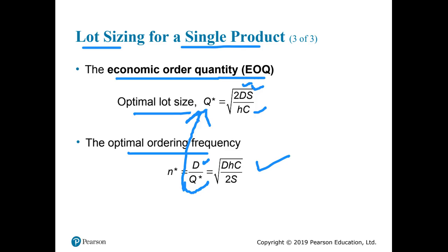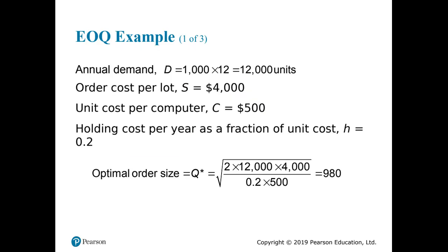Okay, here we've got the example for this. The annual demand is, say, 1,000 units times 12, so we've got 12,000 units per annum. And the order cost is, say, 4,000, and the unit cost of, say, a computer is 500. The holding cost is like 0.5.